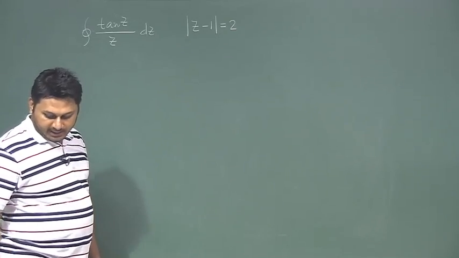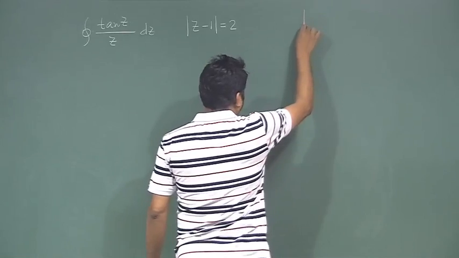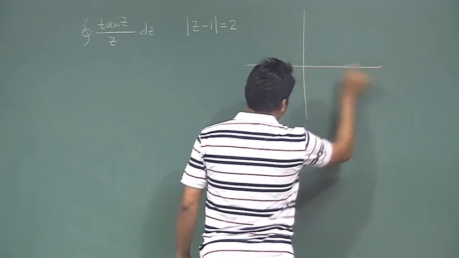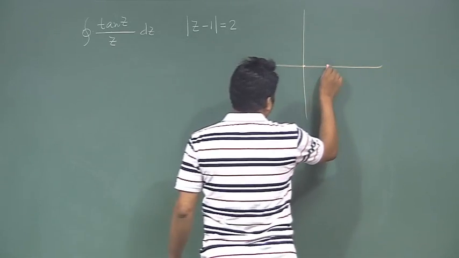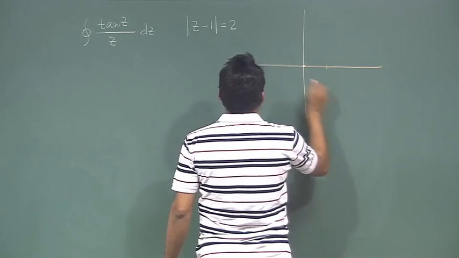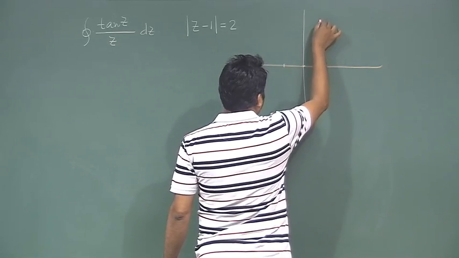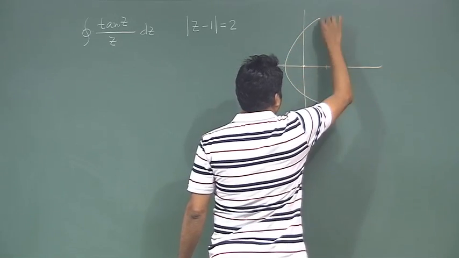Right. So, again we need to find where my region is, using the usual process. So, this z minus 1 means I have point 1 here, and having radius 2, if I draw a circle of radius 2, it will be something like this.